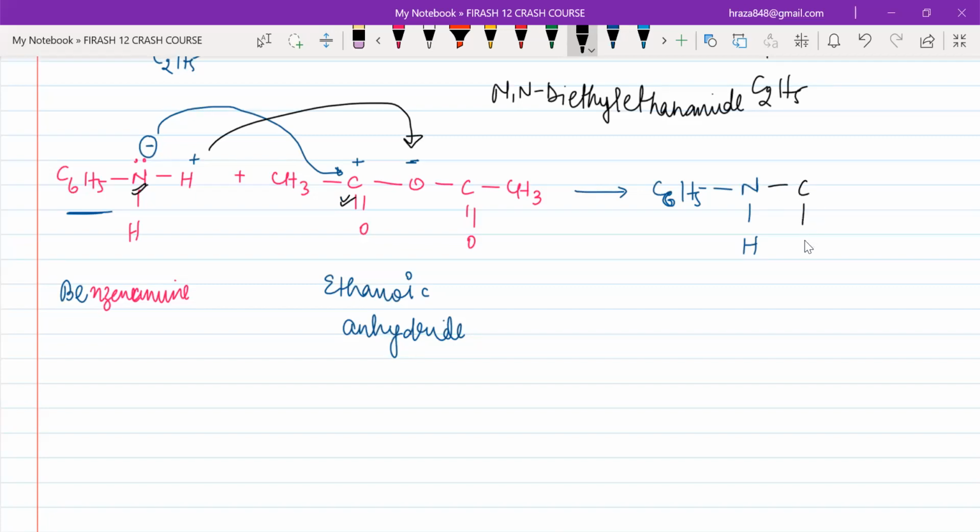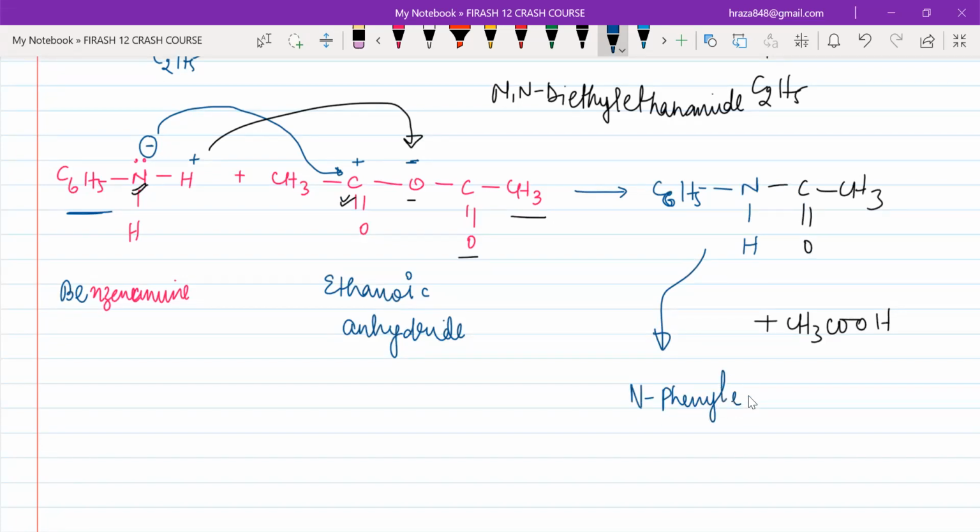So there will be C, then double bond O, and then there is CH3. And you can see this is your CH3C double bond OOH, that means ethanoic acid. And this will have a name that is N-phenyl ethanamide. And its common name is basically acetanilide. Acetanilide.